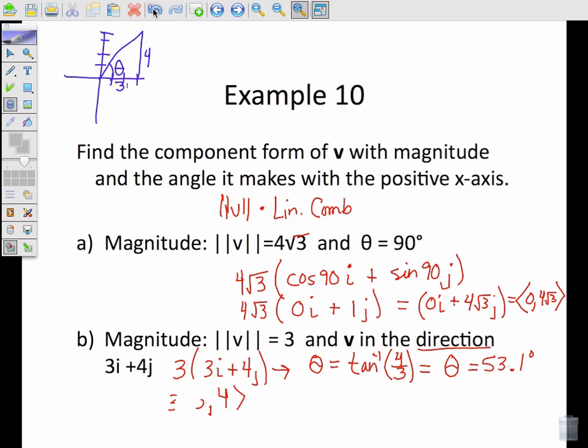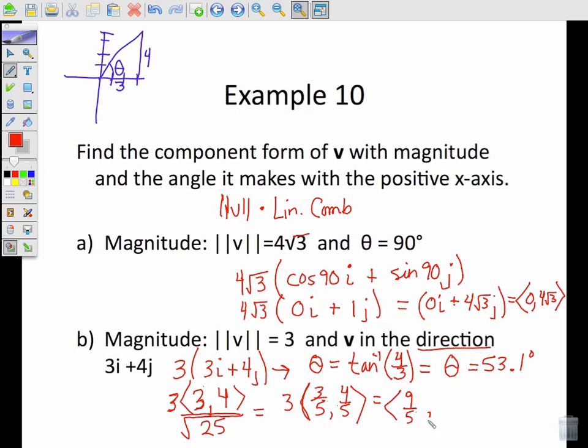Now my magnitude of my angle is going to be the square root of 3 squared and 4 squared, so that's 9 and 16, that's 25. So what we're looking at is 3 times 3/5 and 4/5. So the final result would be 9/5 and 12/5.